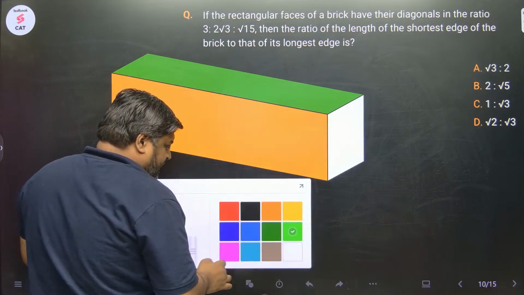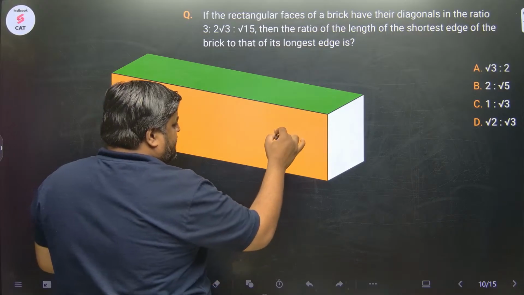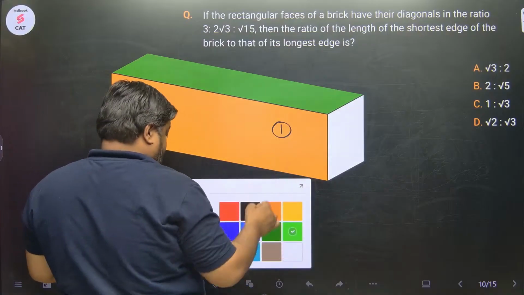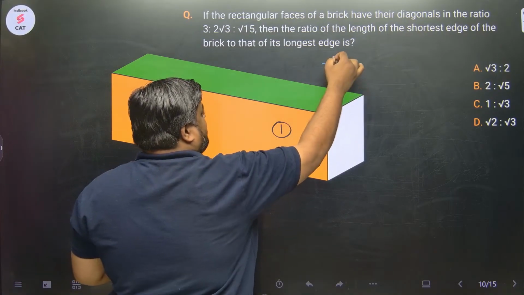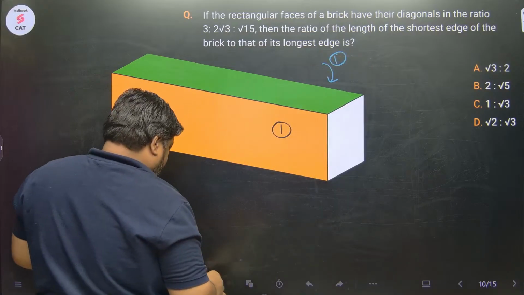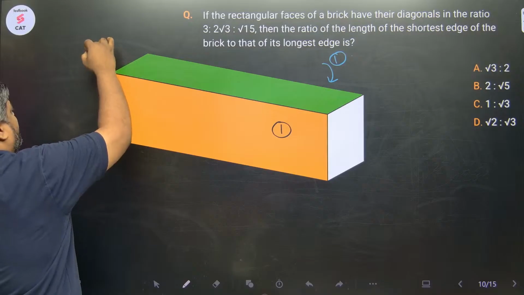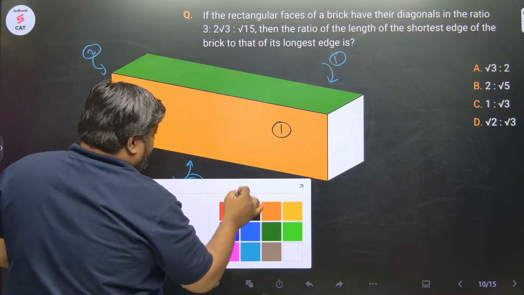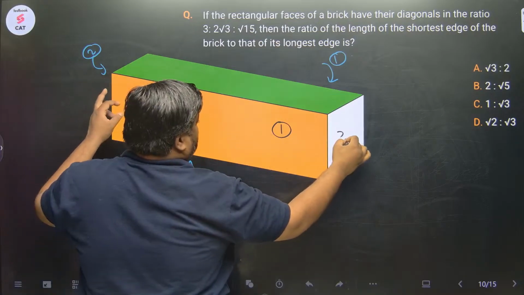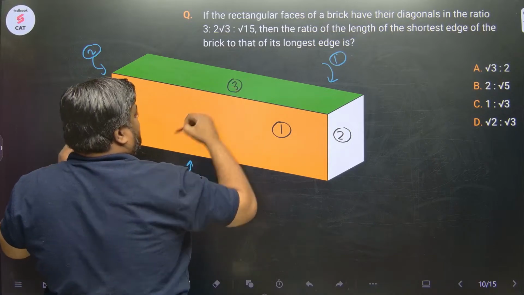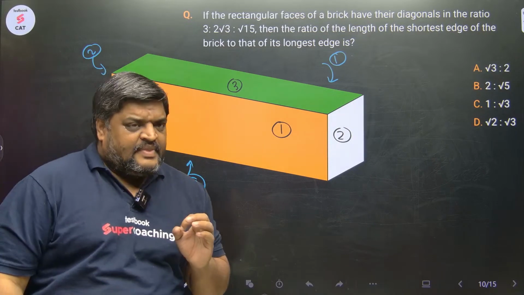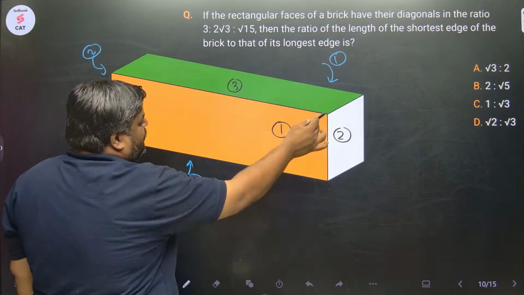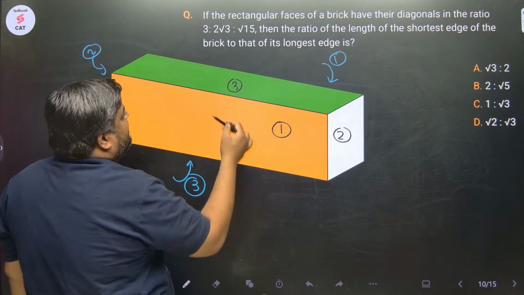Now in the 6 faces, how many unique faces do we have? This is one of the faces. Just behind it you have one identical to face 1, right? Here you have one identical to face 2, and at the bottom you have one identical to face 3. When I say this is face 2 and this is face 3, okay, now look carefully. The ratio of the face diagonals of these three is given to you.